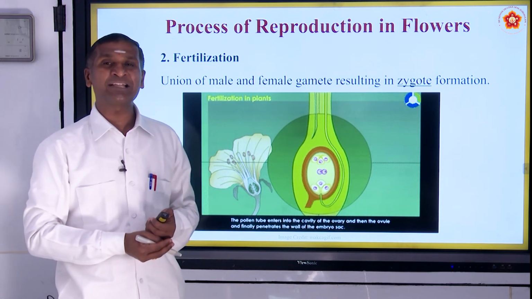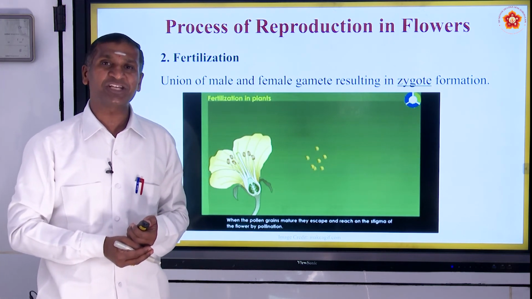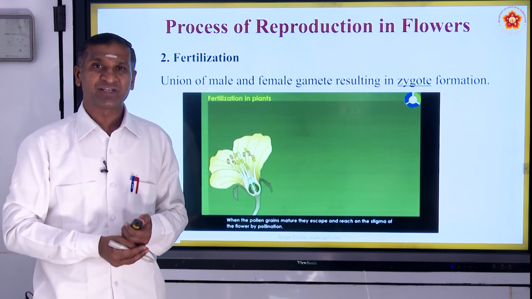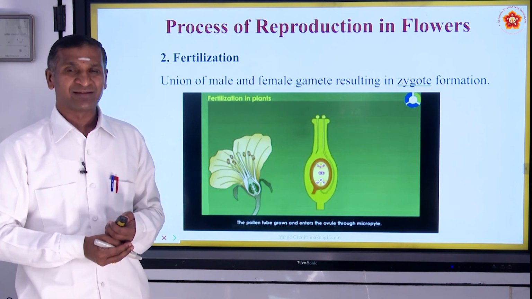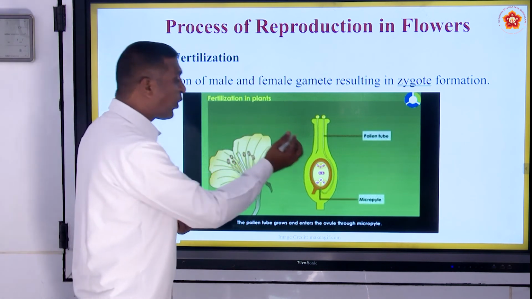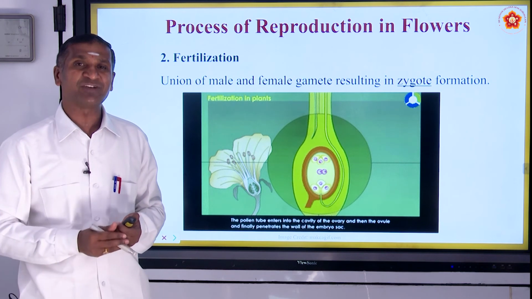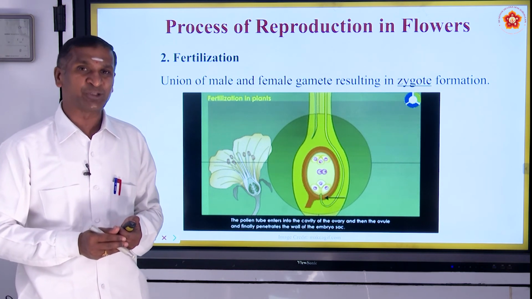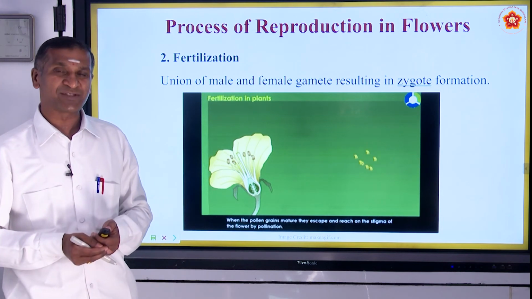For carrying the pollen grains from where? From the sticky stigma to which the pollen grains are stuck, and to the ovule a tube is developed which we call the pollen tube. This is the animated picture that you can observe here.